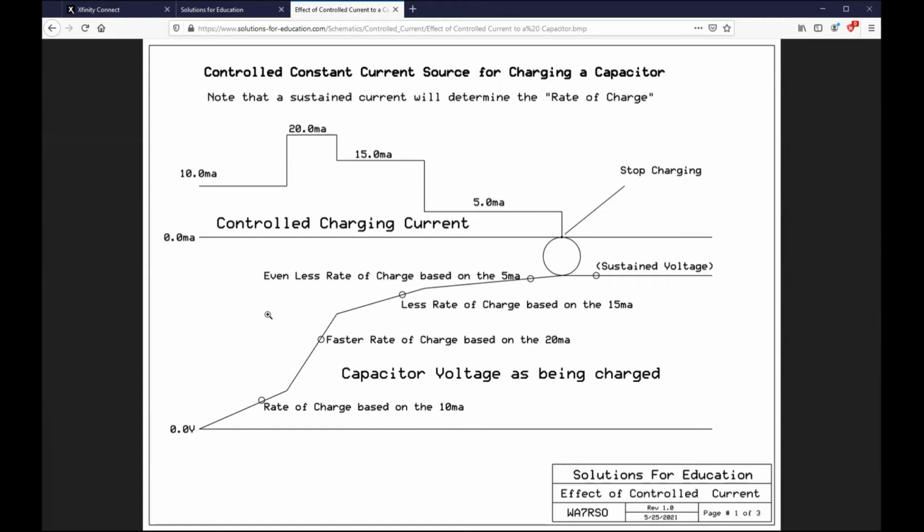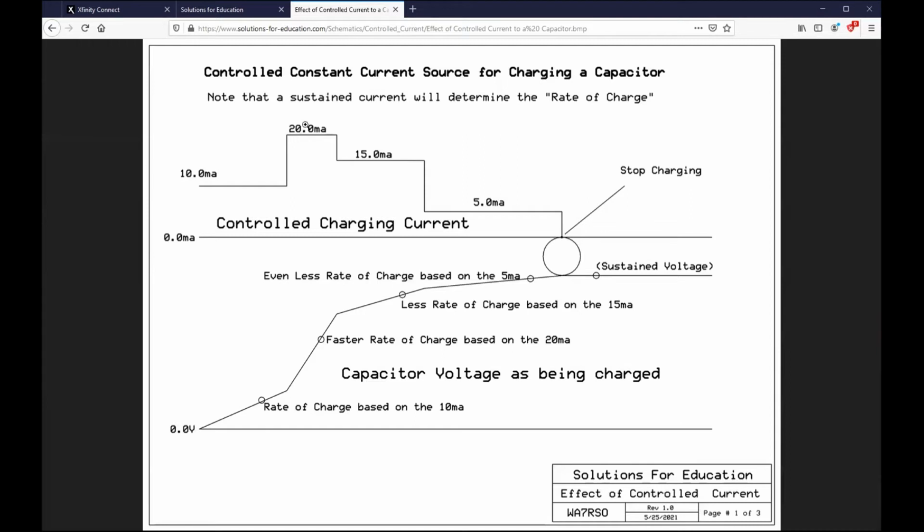Up in here, this is where the mental discipline comes in, our mind has to be, what does current do to this circuit? And as long as this current is constant, the rate will be linear. That's an important point. The rate will be linear.